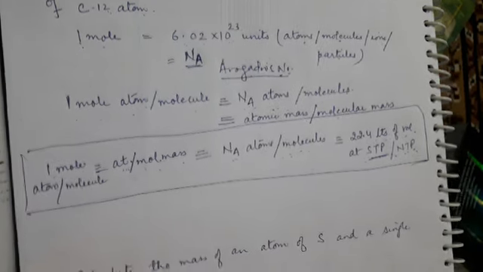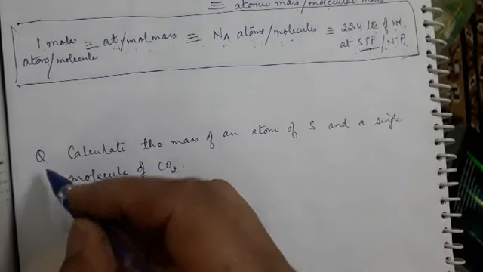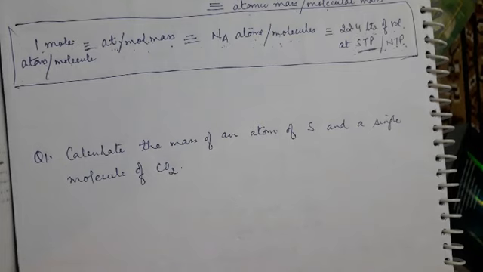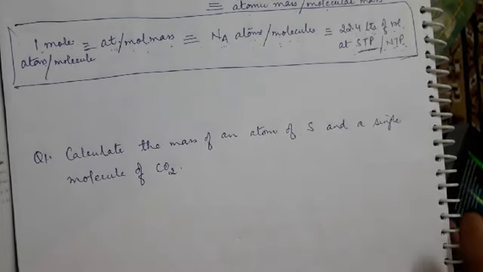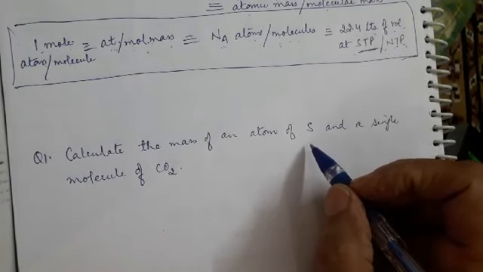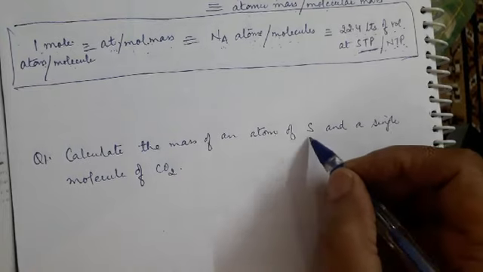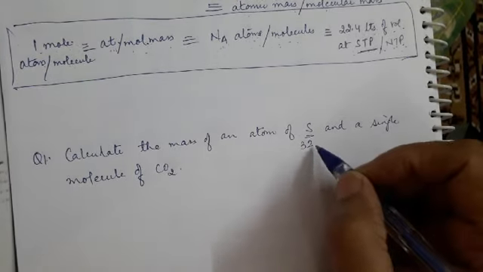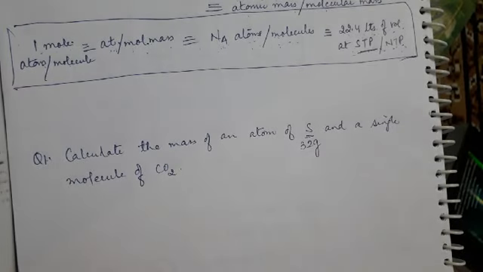I am taking an example question. The question is, calculate the mass of an atom of sulfur and a single molecule of CO2. As I said in the beginning itself, you should learn some of the atomic masses. Atomic mass of sulfur is equal to 32 grams, as AMU is taken as equivalent to grams.